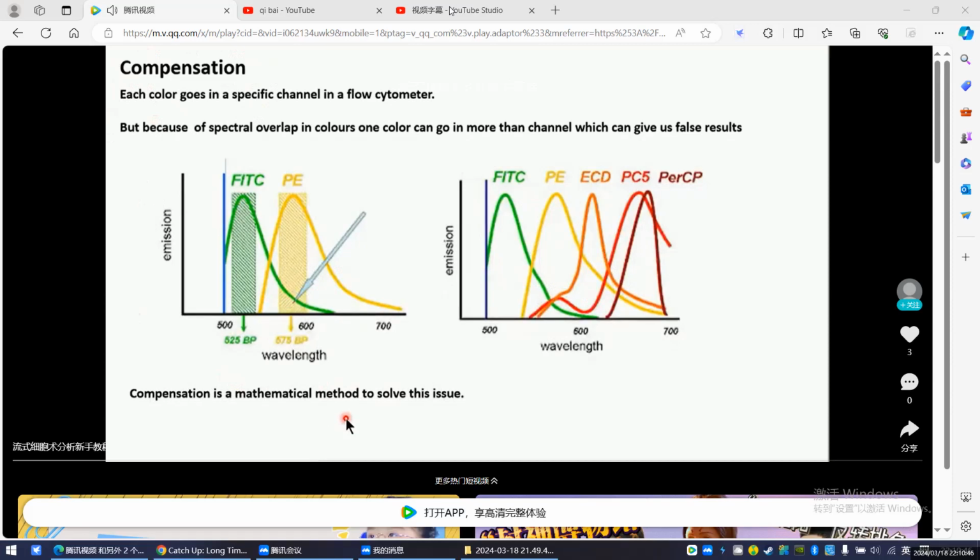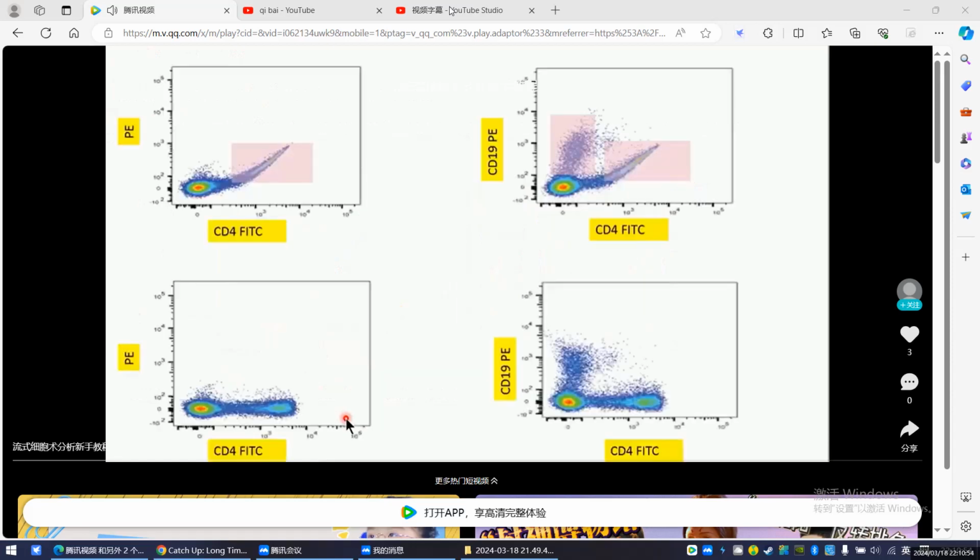Even if it is difficult to understand from these graphs, we can take a live example, and by looking at the example you will understand what I am trying to explain here. In this example we have stained the cells with a marker called CD4, and the anti-CD4 antibody was labeled with FITC, which is a color.